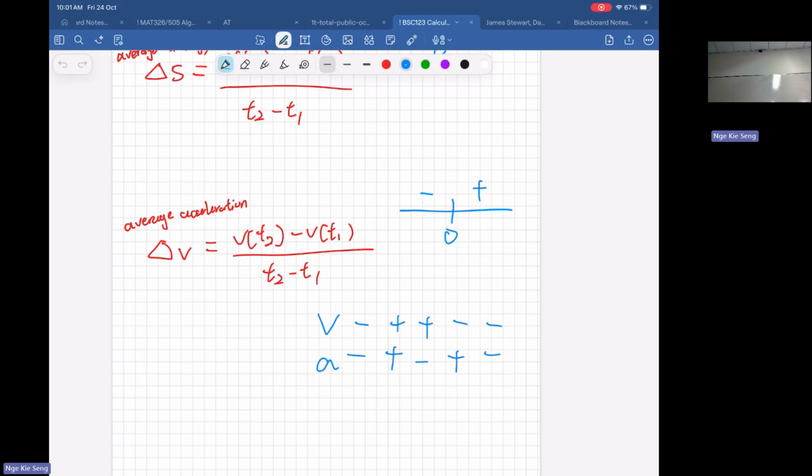Your change is also positive. But if you're moving to the right, but your change is moving to the left, what do you think? It's like dragging you, so you kind of slow down. You are moving to the right, but your change is going the other direction, so you slow down. Does it make sense? As long as velocity and acceleration have the same sign, they all move in the same direction.